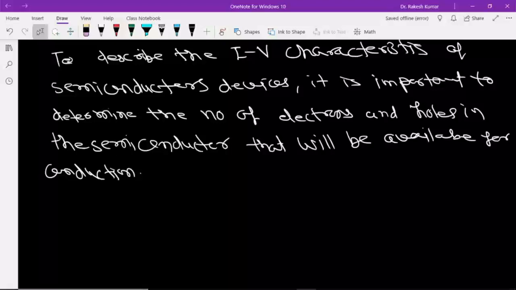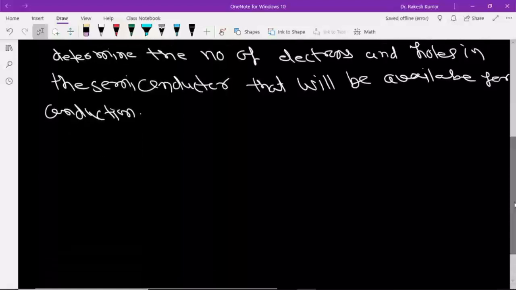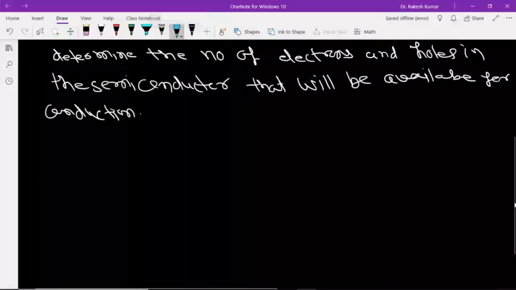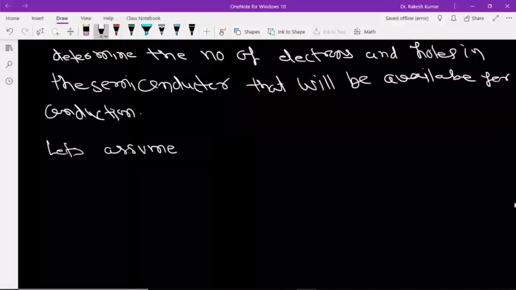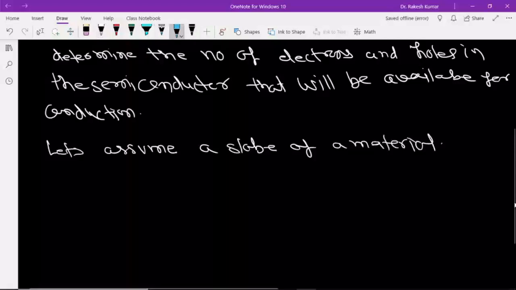Here I am using a very simple method to understand this density of states. So for this, let's assume a slab of a material or a semiconductor, whatever you want to say.